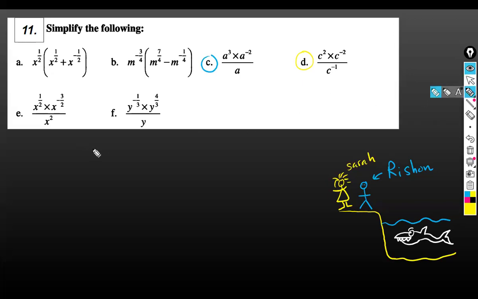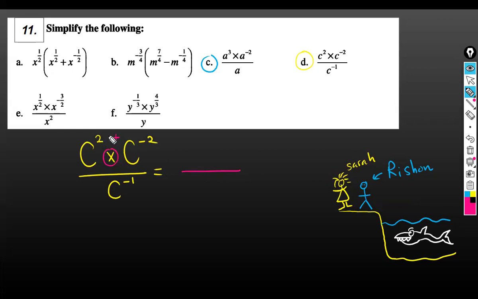So you have for D, c squared multiplied by c to the power minus 2, divided by c to the power minus 1. All right, let's work out the top first now. The top has a plus, right? Because a multiply means you're going to add. So you end up with 2 plus minus 2. Now a plus and a minus is a minus.